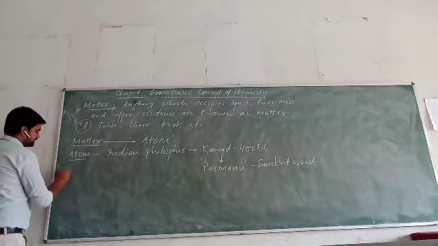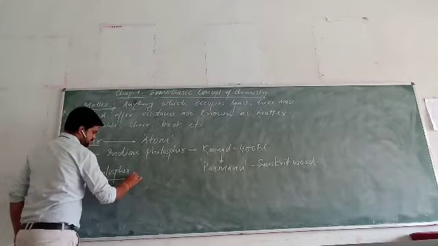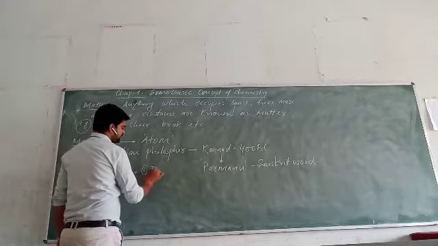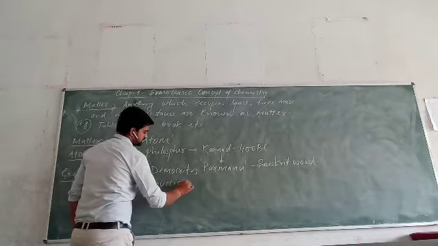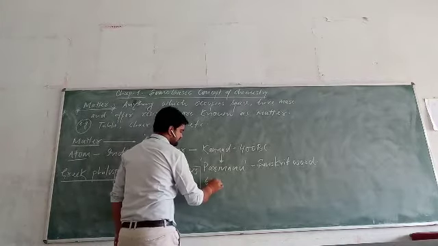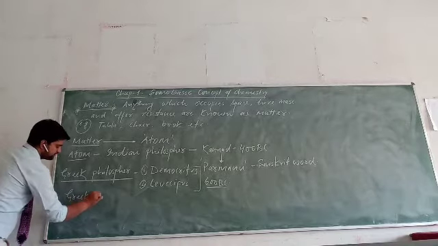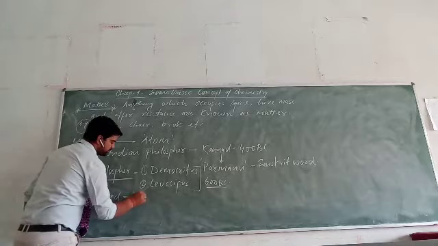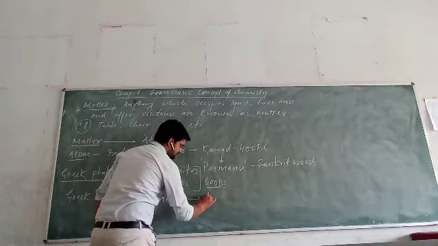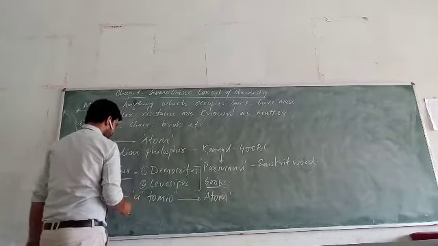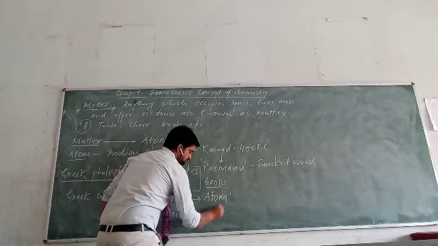Then the Greek philosophers Democritus and Leucippus suggested in 600 BC that the word atom is derived from the Greek word atomos, which means uncut, or not further divisible.